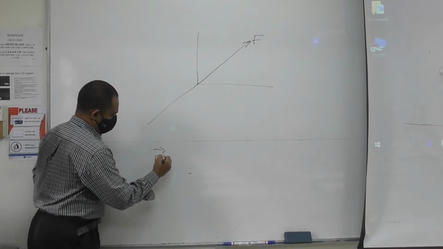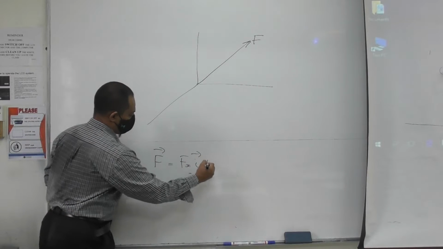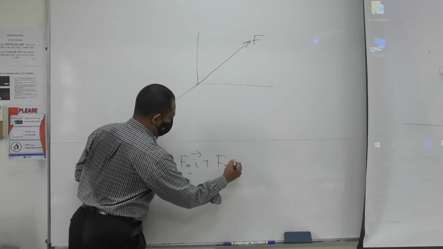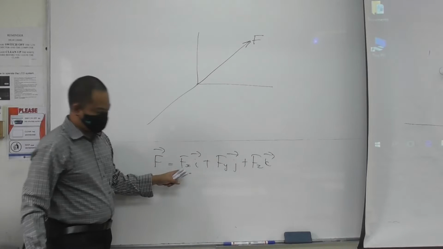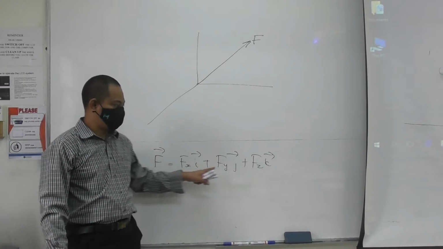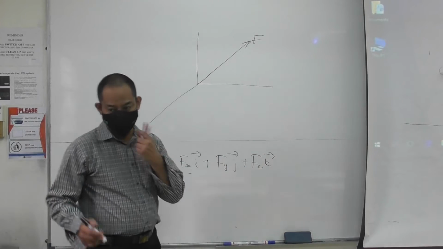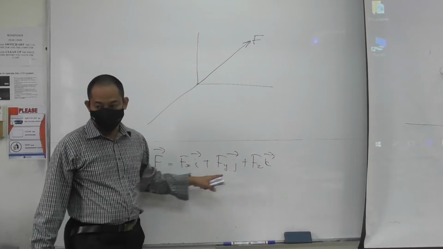So F equal to Fx i plus Fy j plus Fz k. That's the important thing. As long as you can find the x component, y component, z component, no problem, right? So in some cases, for example, alpha, beta, gamma, straight away you use the equation to find.